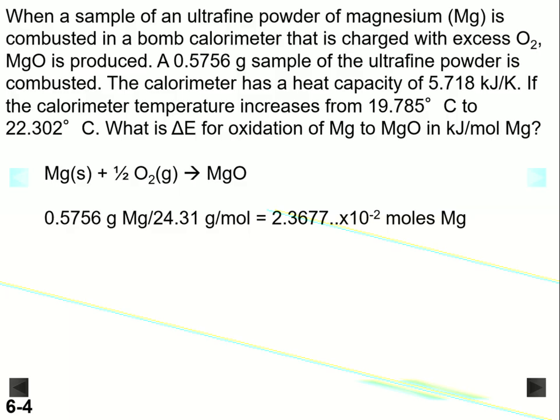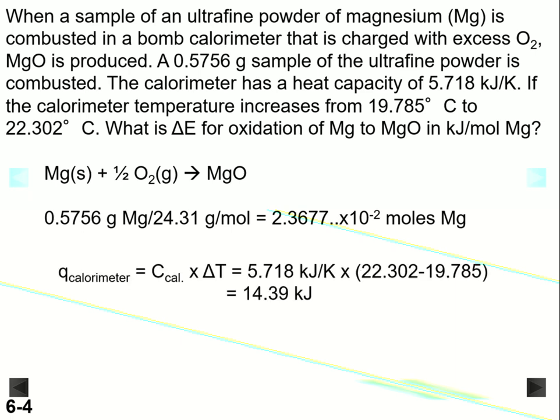Let's turn to the heat release for this process. Q for our calorimeter is equal to the heat capacity of the calorimeter multiplied by the change in temperature. In this case, we didn't convert the temperature units to Kelvin since we're taking a temperature differential. If we were taking an absolute temperature, it would be an issue. In this case, it is not.